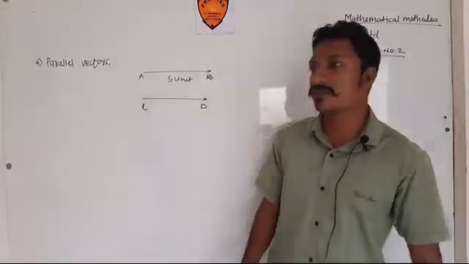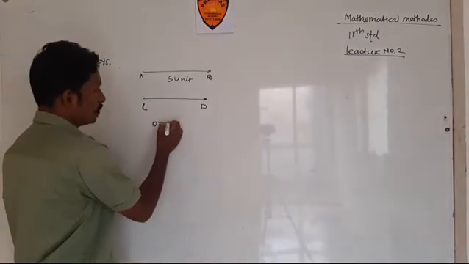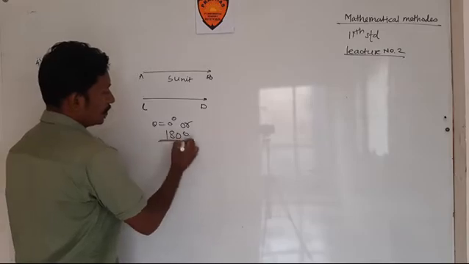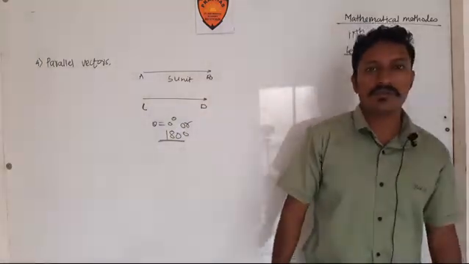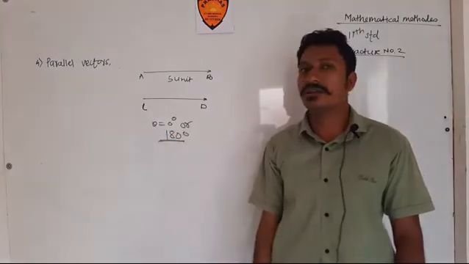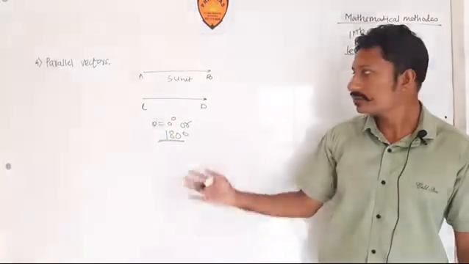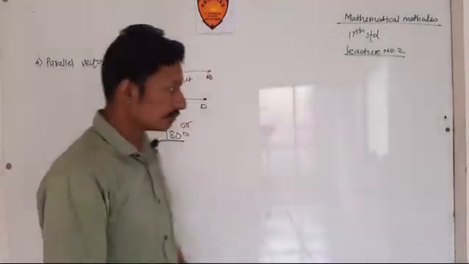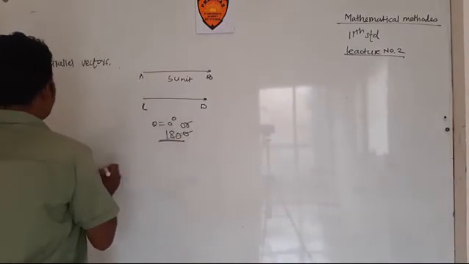That is, theta is equal to 0 degree or 180 degree. Theta must be equal to 0 degree or 180 degree. This is known as parallel vectors. Again, this is 0 degree, not 180. Then anti-parallel vectors.